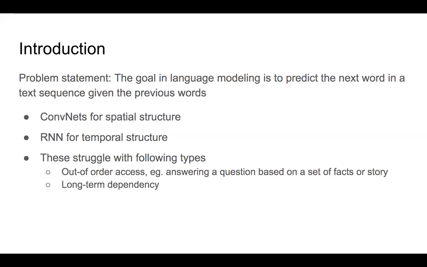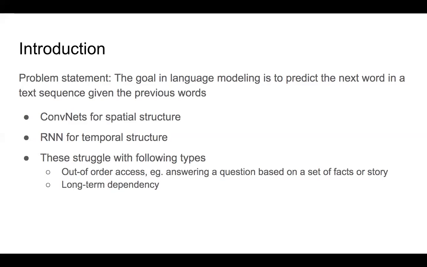One approach is ConvNets, which process data with spatial structure, that is images. When you're talking about data with temporal structure, that is sequences, you have RNNs and LSTMs.